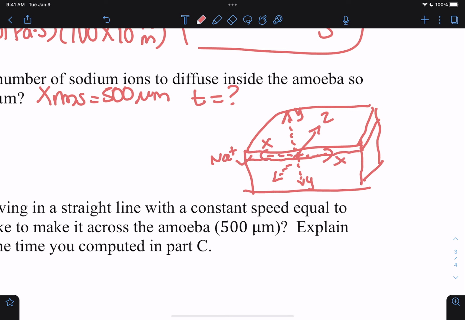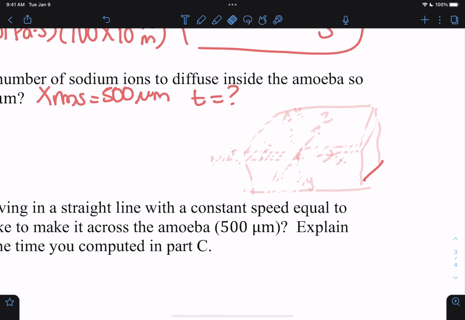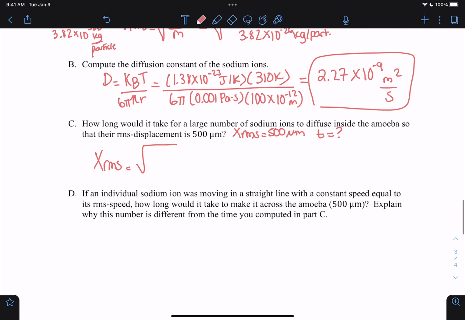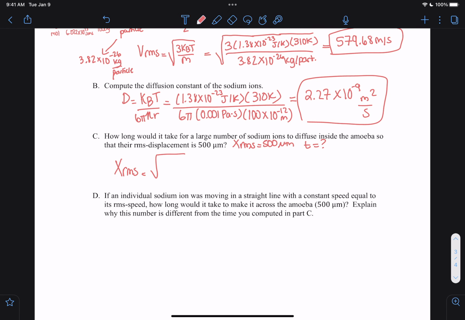So inwards and outwards from the cell is the z-axis, upwards and downwards inside the cell or in the extracellular fluid, or left and right. Once they get into the cell, they move this way or that way to go to different organelles and so on. That's why you can usually draw the scenario they're giving you, and that can help you figure out what equation to use. But generally, from a biological context, it's going to be this 3D motion.